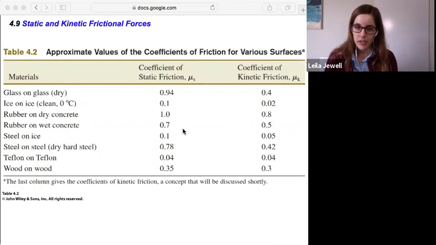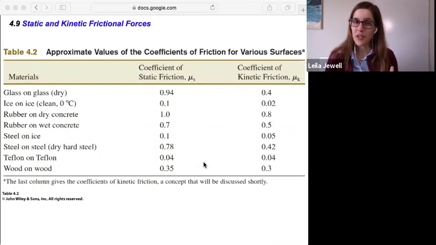The other thing to note here is that with each of these, except for perhaps Teflon on Teflon, the coefficient of kinetic friction is significantly smaller than the coefficient of static friction. And this illustrates another thing you may have observed before without really knowing why. Why is it harder to get an object moving?